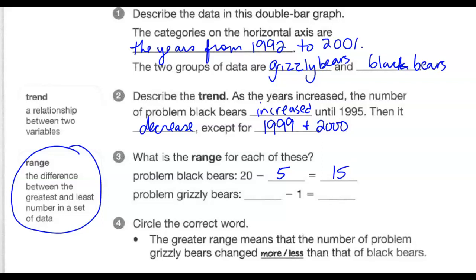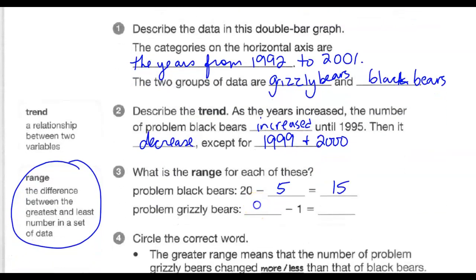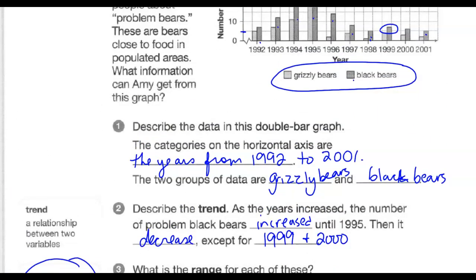For the problem grizzly bears, the highest is definitely up here. And so we need to look at the grid markings. Each grid is 5. And so this is a little below halfway to 5, so I'd say 2. So I'd say 32 for those, and then it gives you the smallest is 1. And so that's down here.